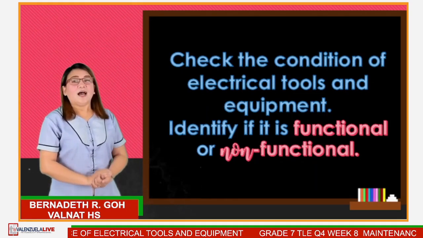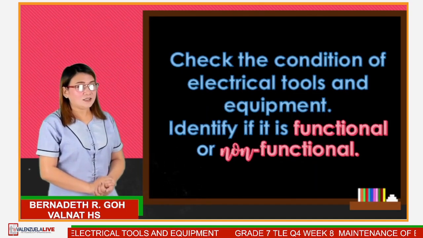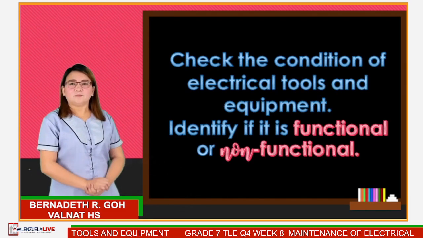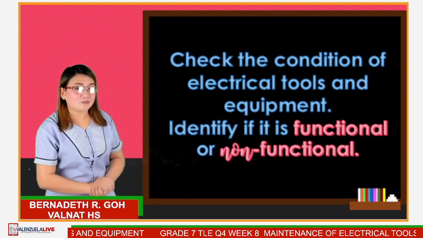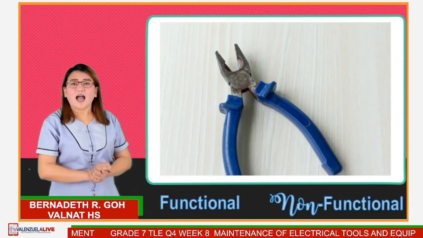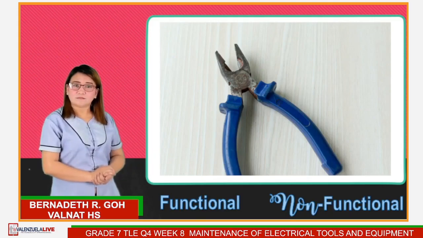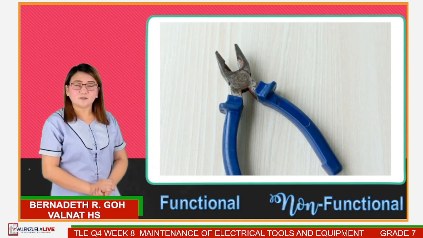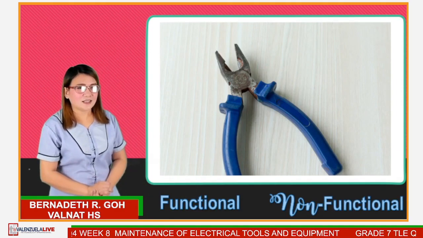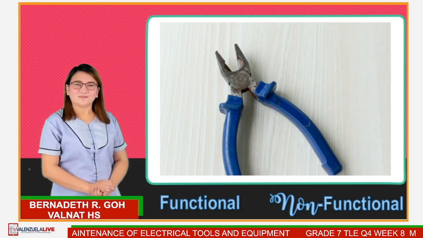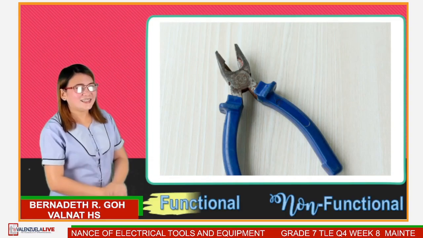Simply identify the tools if it is functional or non-functional. Let's examine the first tool. We have here a combination pliers. Check the head, check the handle. Functional or non-functional? Functional.